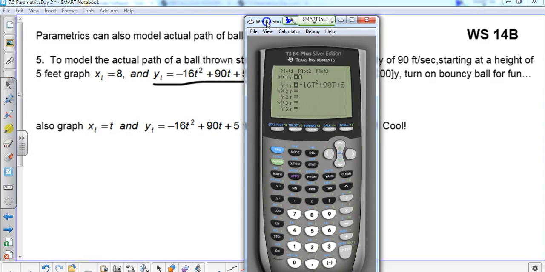Don't change your window or anything, but type in for x sub 2 a value of t, and for y, oh, what did I do? This isn't turned on. For y, I'm going to go -16 t squared plus 90t plus 5.